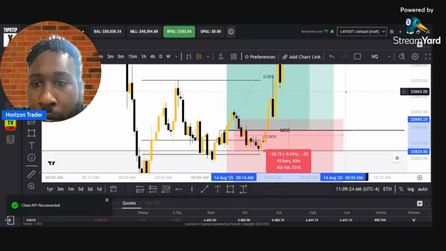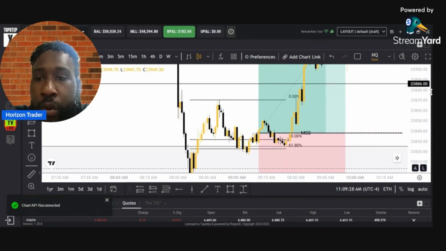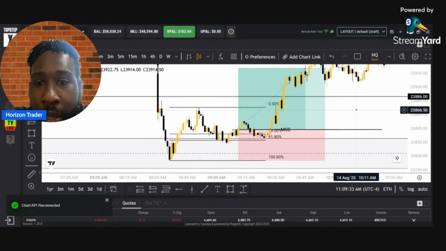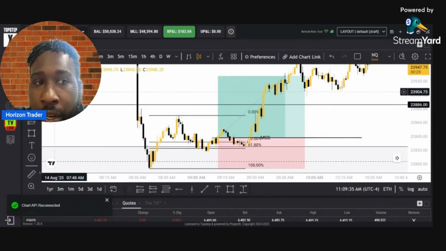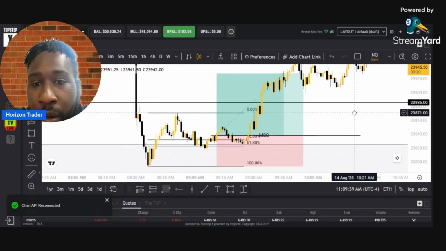A 20-point drawdown. If you were heavy on your positions, that might hurt a lot, but I wasn't holding too many contracts here, and I'm on a micro, so that wasn't a significant amount of drawdown for me.